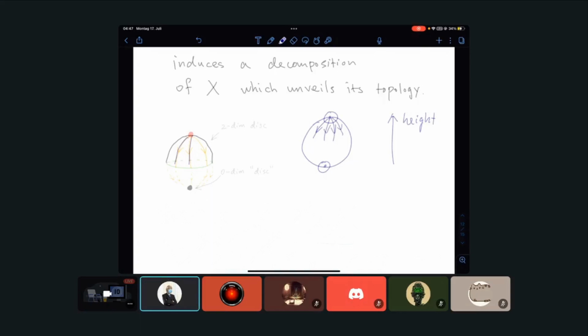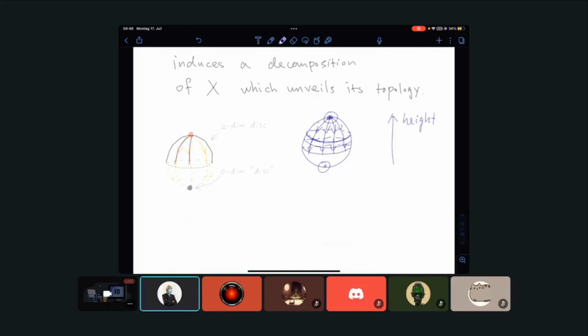So how do we decompose them? Basically, we first bound the first critical point by a circle, and then try to extend this circle along the flow. You should think of this as some kind of movement. Through time, it just gets larger and larger. They just flow along it.